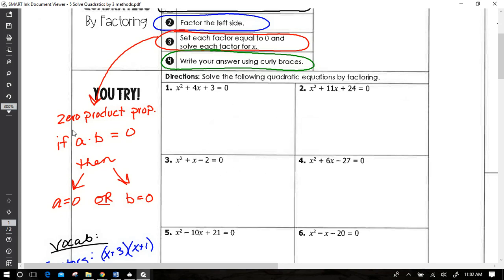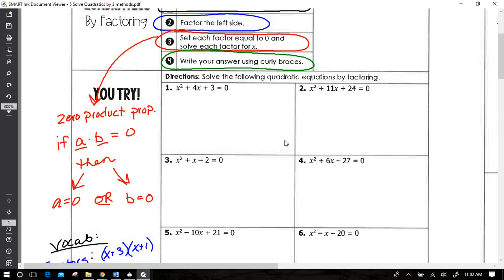We say, okay, let's let this first solution or factor be equal to 0 and see what happens. And then let's let this be equal to 0 and see what happens. And we get all the possibilities for how these two individual factors, when they're put together, would equal 0.